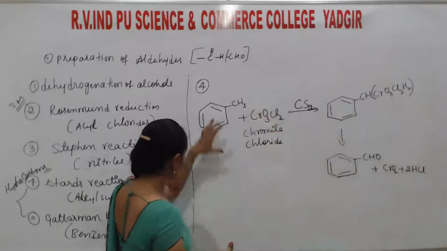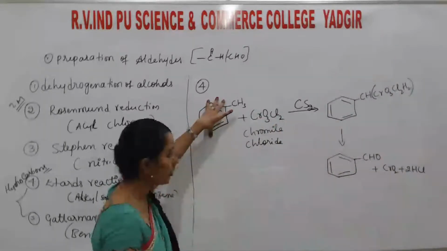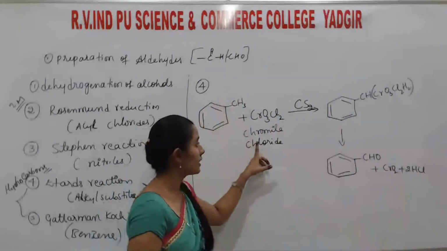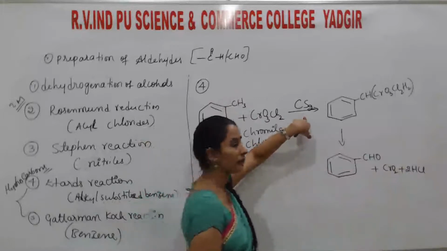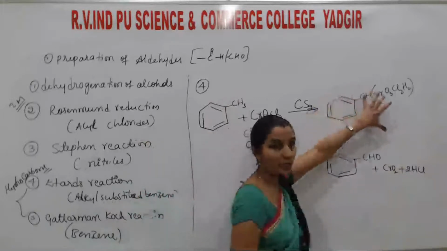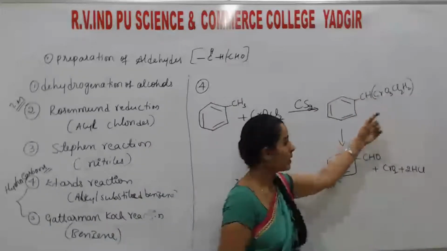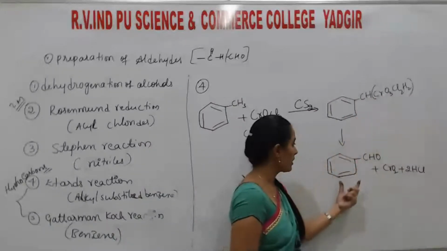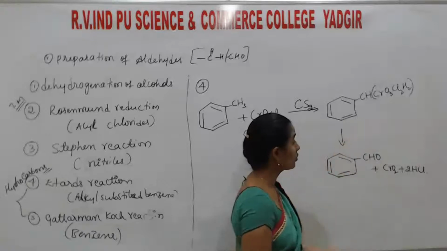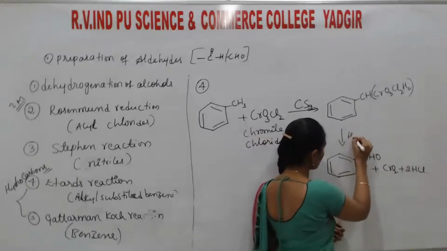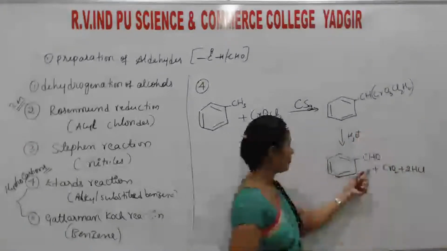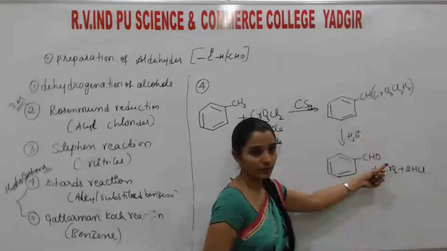If I write, we are considering the hydrocarbon. This hydrocarbon is oxidized by chromyl chloride in presence of carbon disulfide as a solvent. They form an adduct, an intermediate. By hydrolysis, H3O plus, they form CHO.